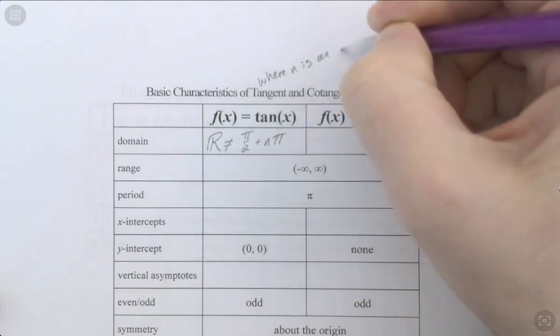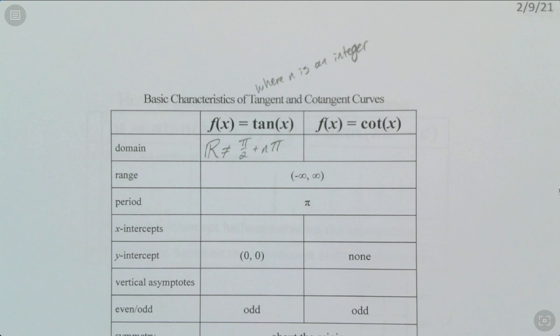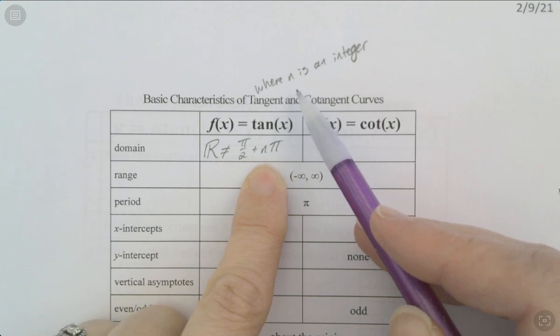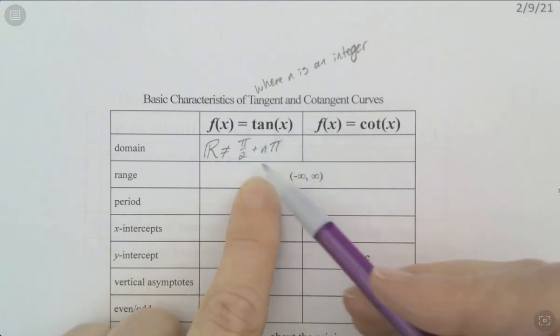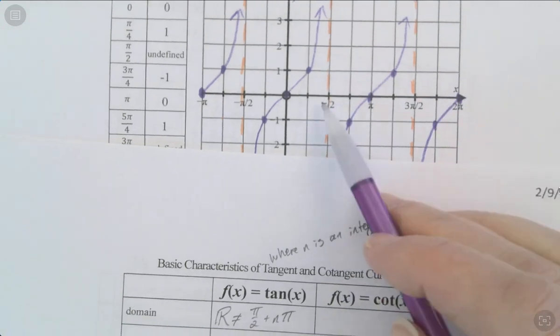And we saw this before. I don't know if you remember when we were doing the sine and cosine function and talking about where the x-intercepts were, because they were happening at regular intervals. And so again, if n is an integer, you can pick any integer that you want, like 0. If you plug in 0 for n, that entire expression would be what? Pi over 2. So that means that we can't be equal to pi over 2, so that works.